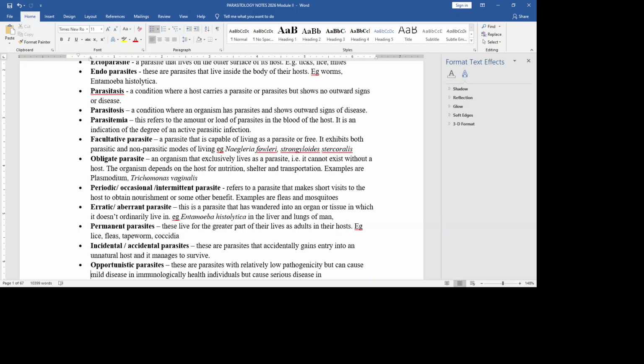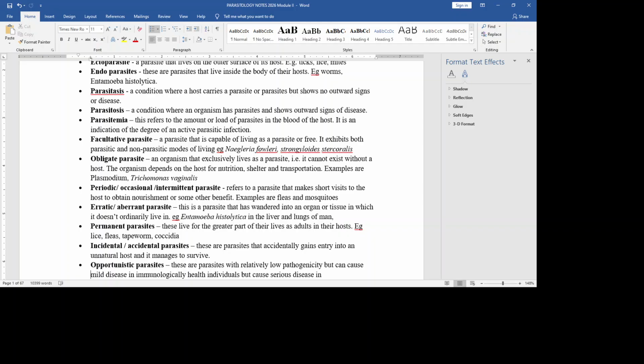These obligate parasites strictly live as parasites, and they can by no means exist without the host. In other words, these organisms strictly and mainly depend on the host for nutrition, shelter, protection, and transportation.